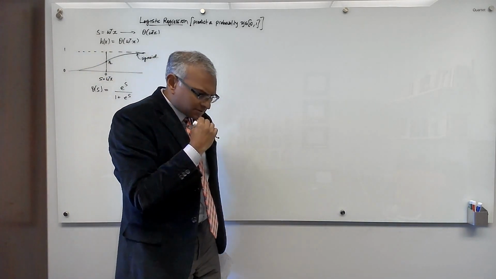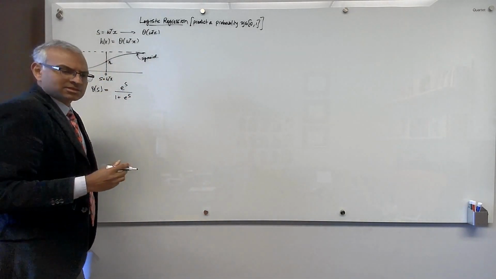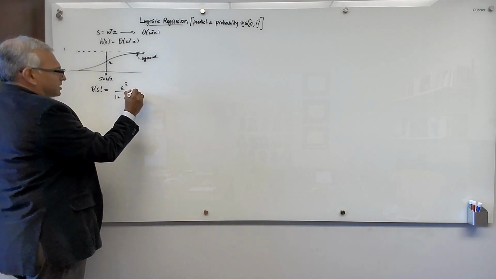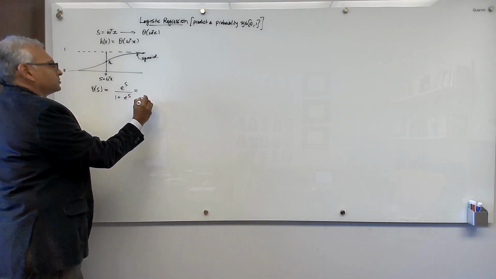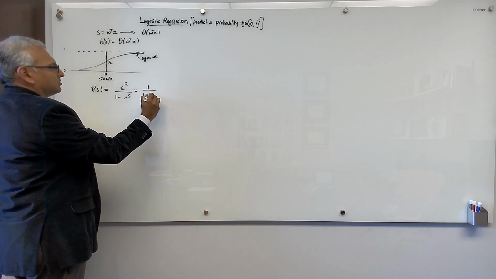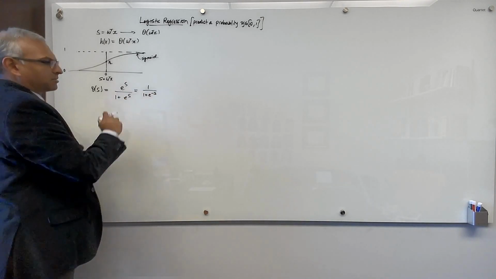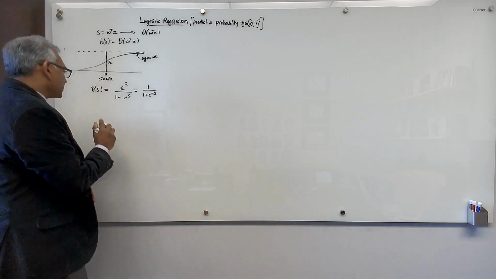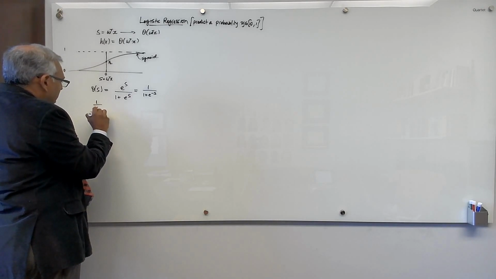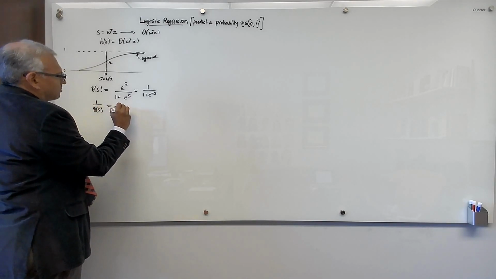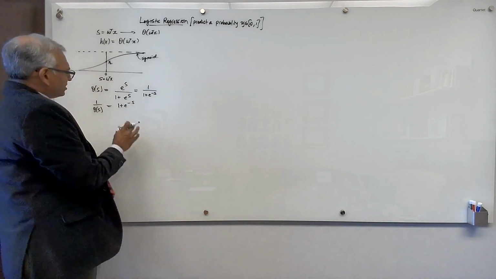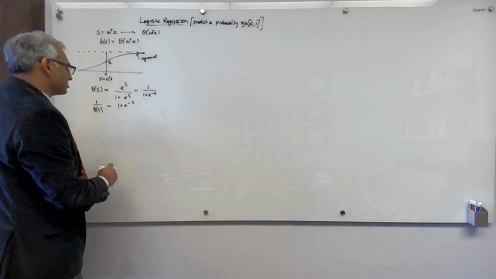Now, this turns out to have some nice mathematical properties. Let me summarize them. First, this is equal to 1 over 1 plus e to the minus s, dividing top and bottom by e to the s. So 1 over theta of s is equal to 1 plus e to the minus s, a particularly simple form for the reciprocal.